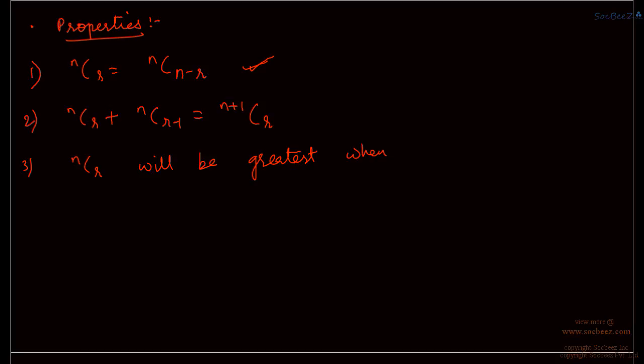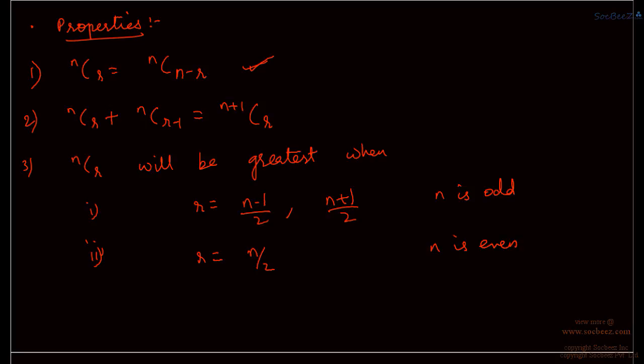So we see that it will be greatest when r is equal to (n minus 1) by 2 or (n plus 1) by 2. For both of them it will be equal and the greatest. This is when n is odd. And similarly, for the next one, r is equal to n by 2 when n is even, right?